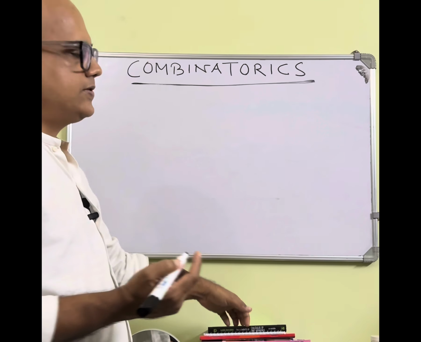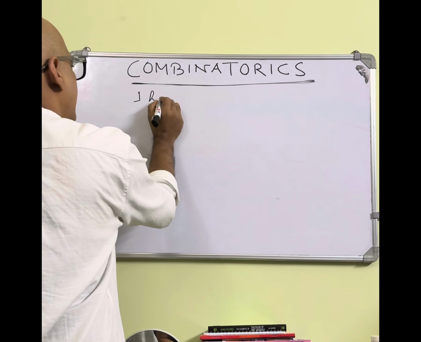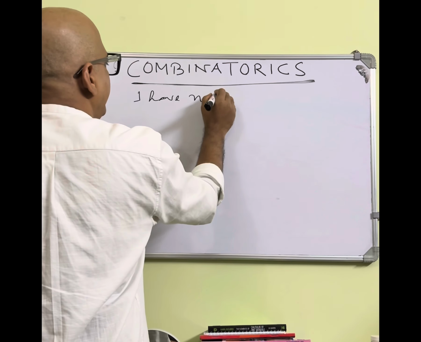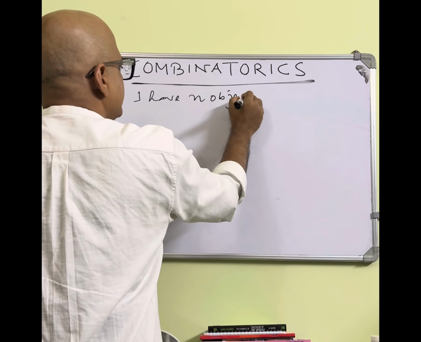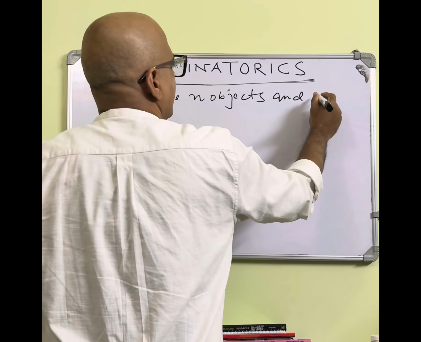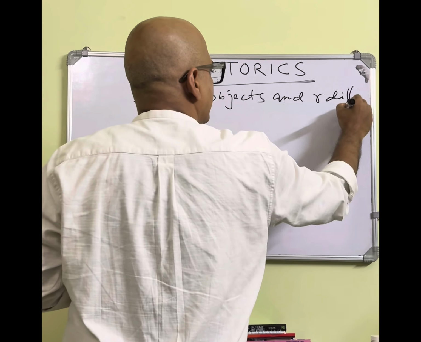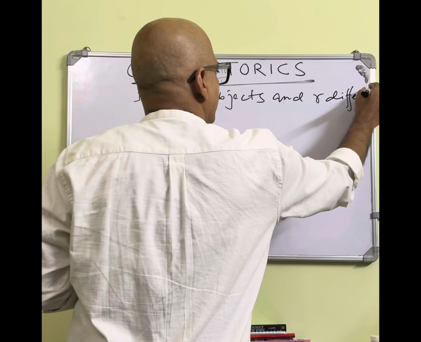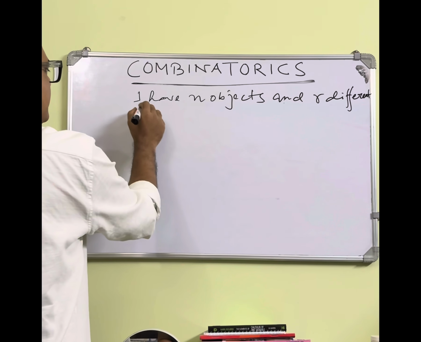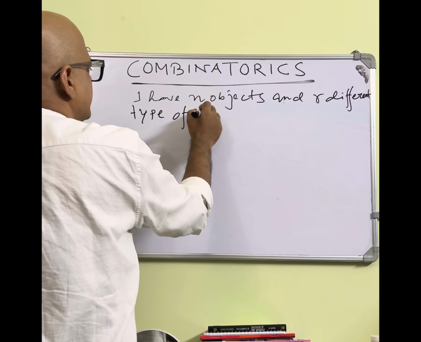Let's generalize this. I have n objects, and r different types of objects are there.